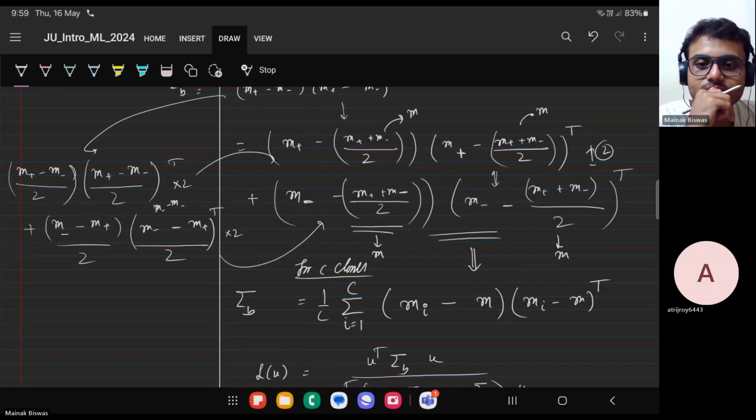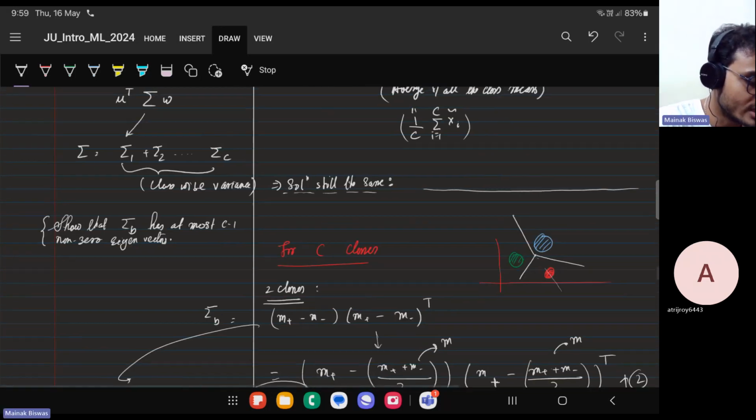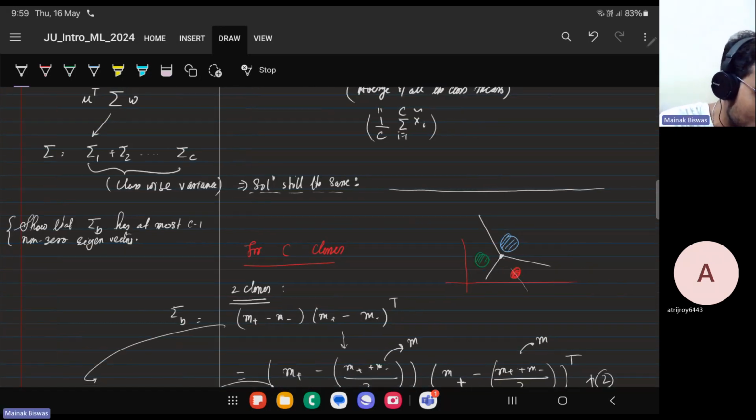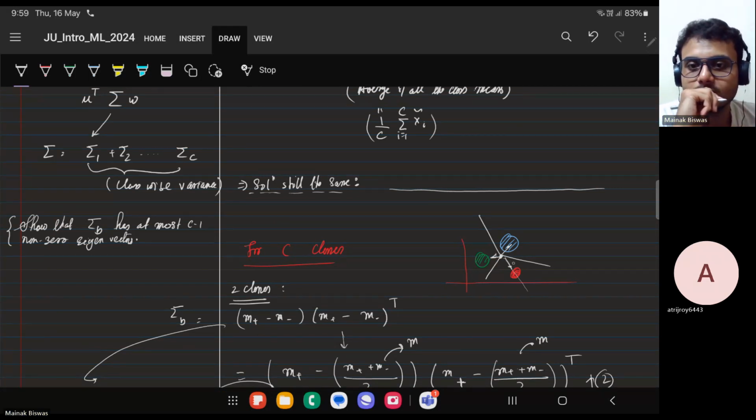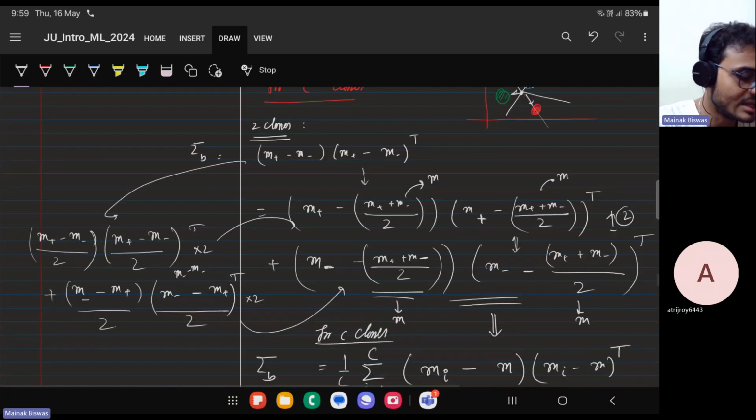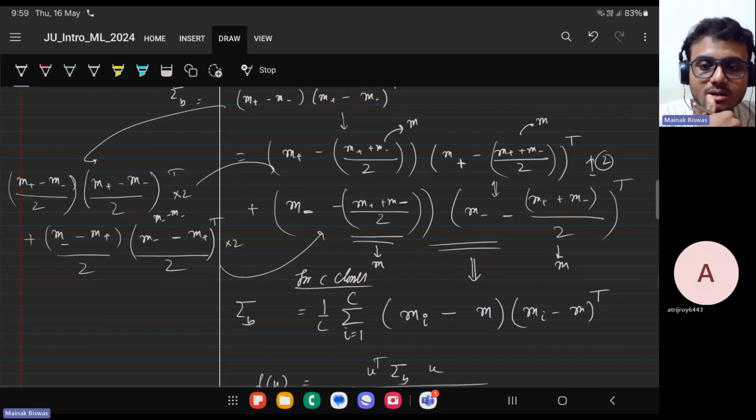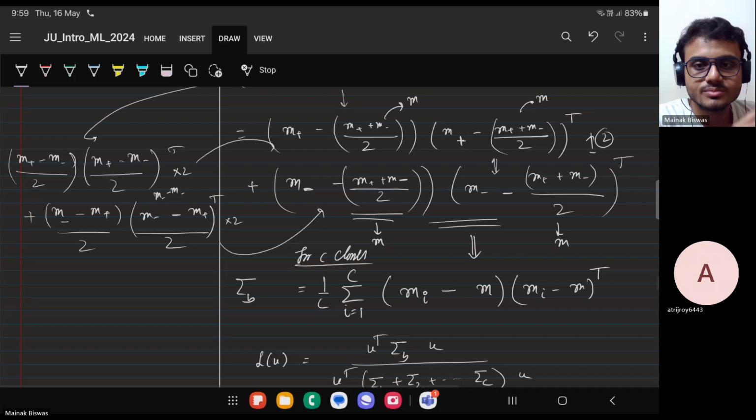The intuition is that it is trying to separate all the data as far as possible from the mean of the data. Intuitively it may be clear, but the mathematics must also be clear, because I'm putting a lot of effort into that. I hope it is clear, from two classes to C classes.